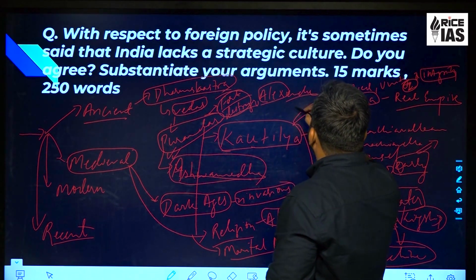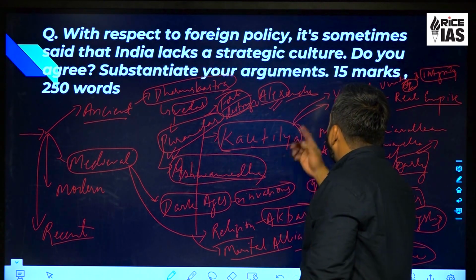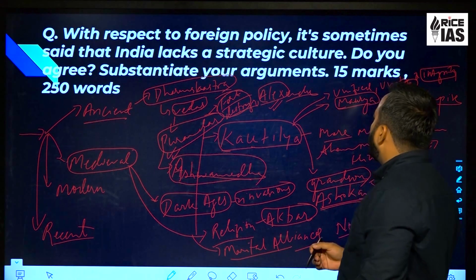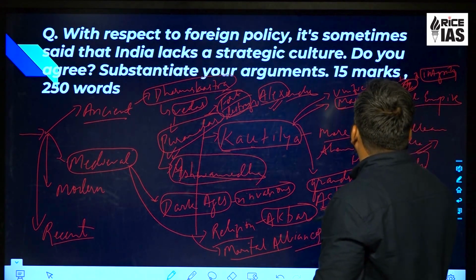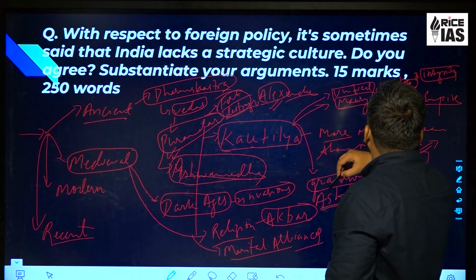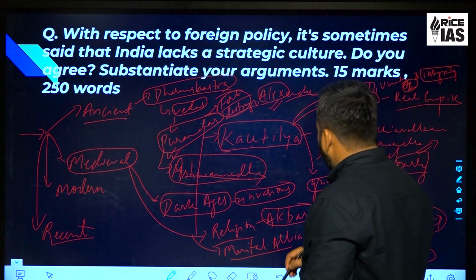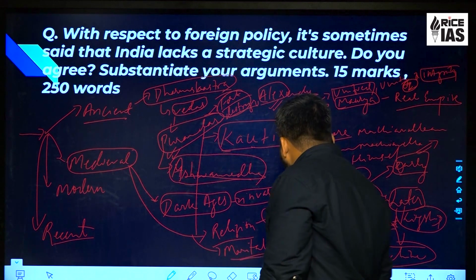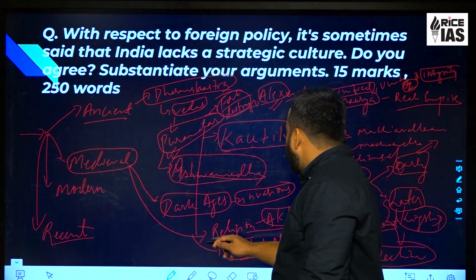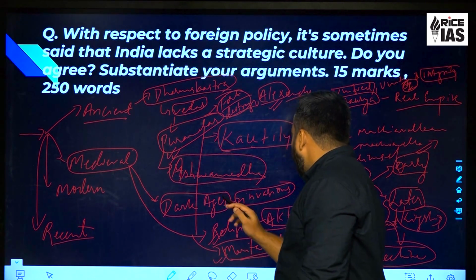Who was Seleucus Nicator? He was one of the army generals of Alexander the Great, who was left to govern the Indian borders. Seleucus Nicator got his daughter married to Chandragupta Maurya, the Indian Chakravarti. So the idea of marital alliances is also strategic. Religion has been used by Ashoka, and marital alliances.